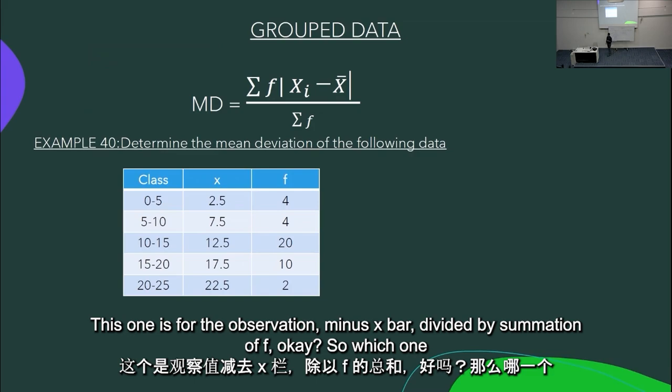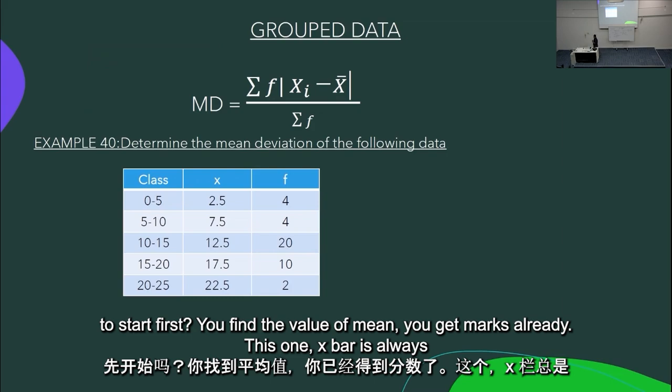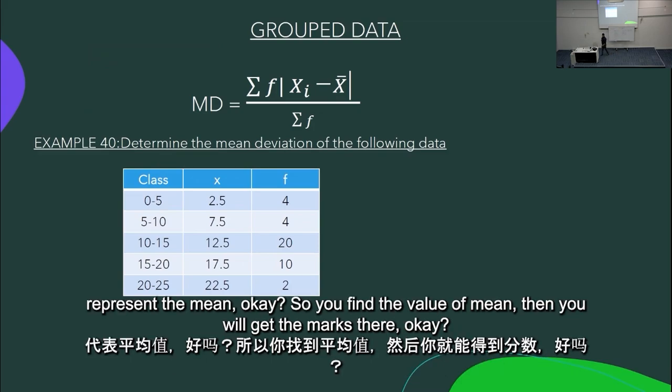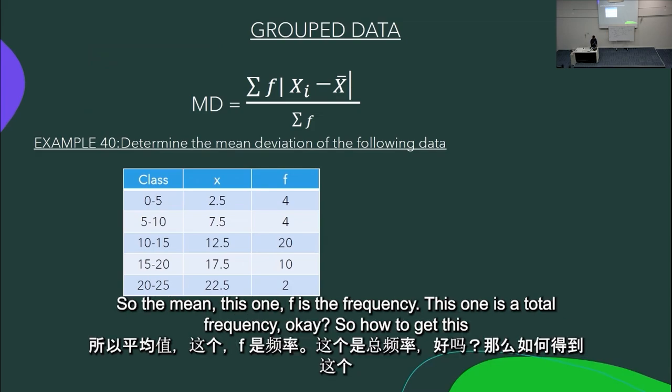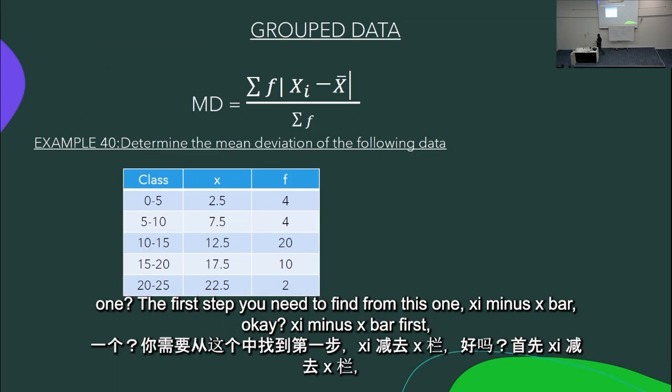So which one do you start with first? You find the value of the mean, and you get the marks there. X bar always represents the mean, f is the frequency, and this one is the total frequency.